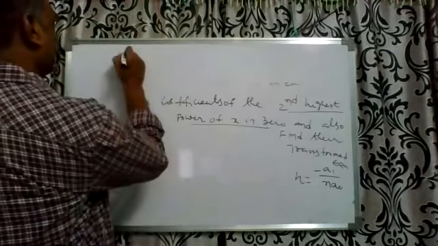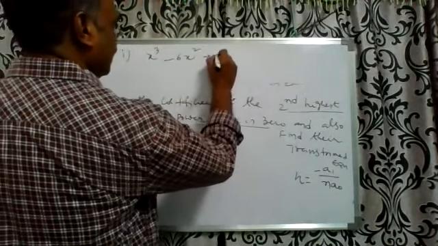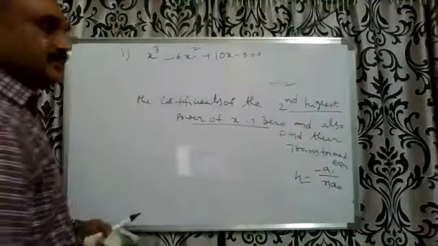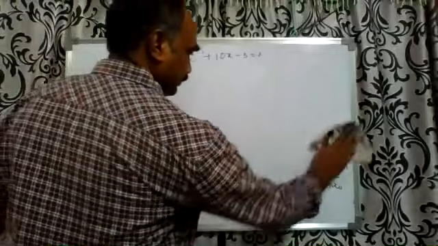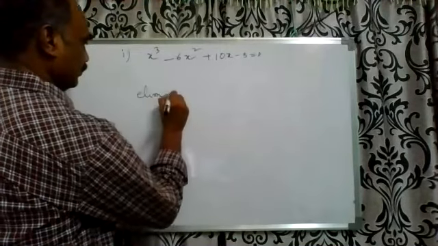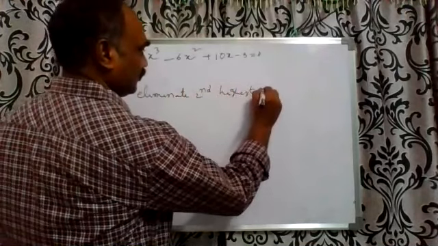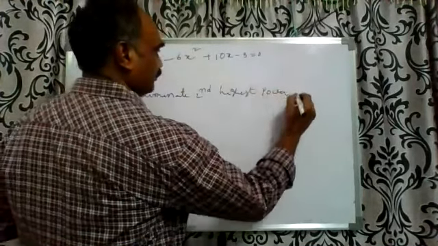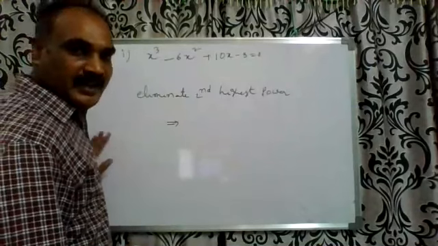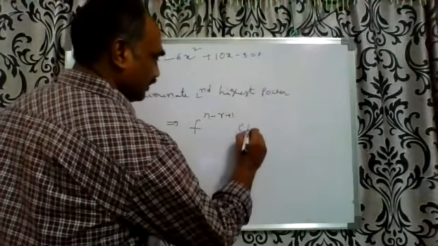Problem number 1: x to the power of 3 minus 6x square plus 10x minus 3 is equal to 0. Eliminate the second highest power. Using the formula h is equal to minus a1 by n into a naught, or f power n minus r plus 1 of h is equal to 0.